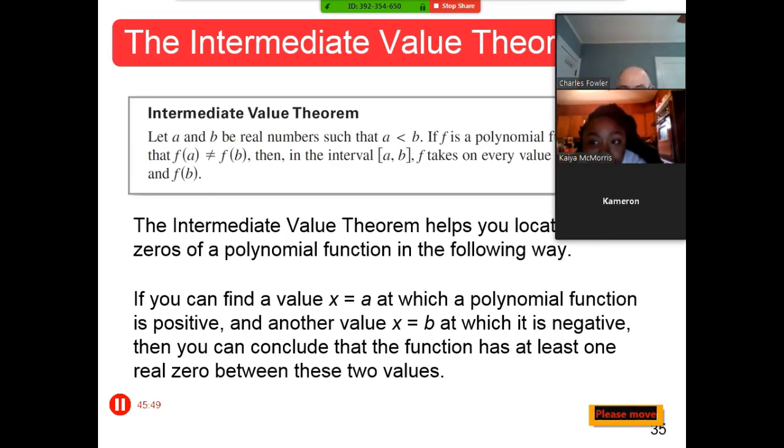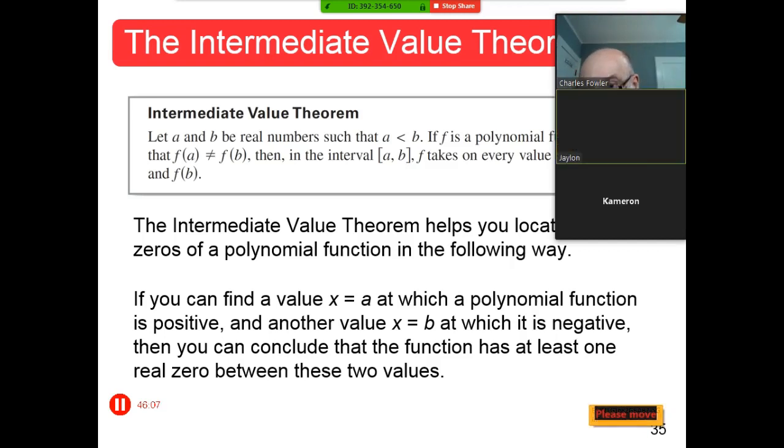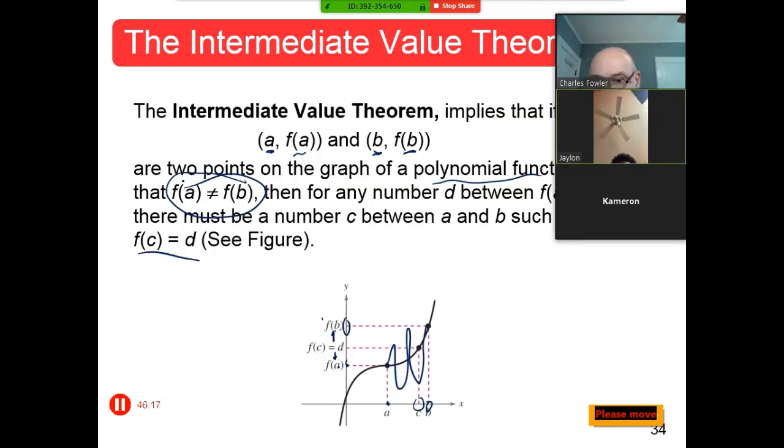And again, y'all can read all that. Let A and B be any real numbers such that A is less than B. We just want A to be less than B. If f is a polynomial function such that f of A is not equal to f of B, then in the interval from A to B, f takes on every value in between f of A and f of B. And we saw that here.